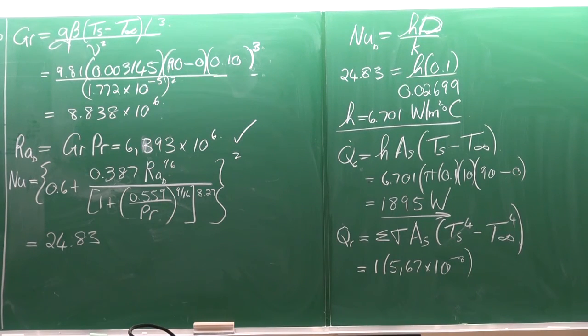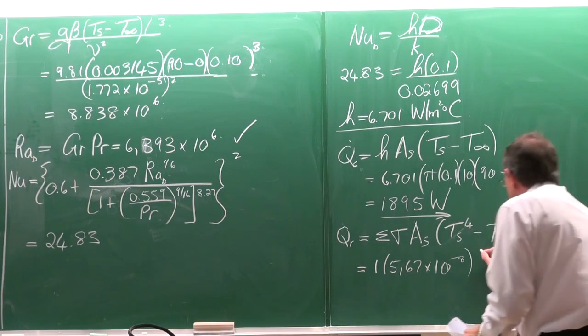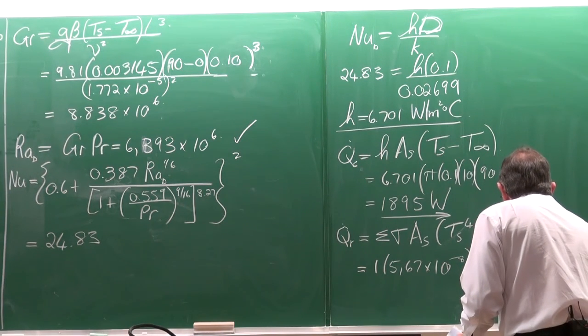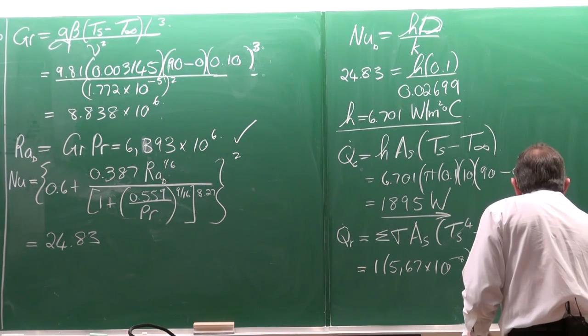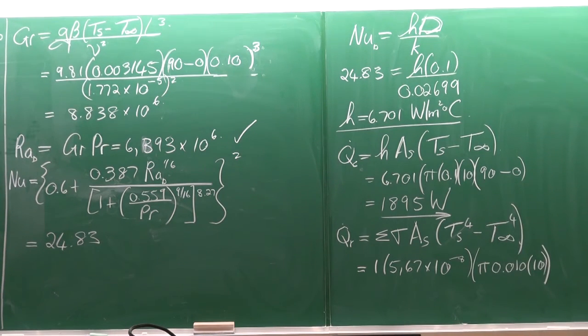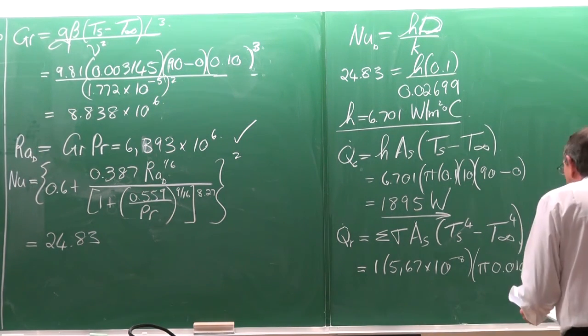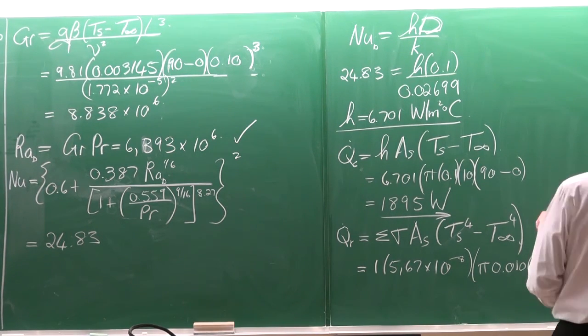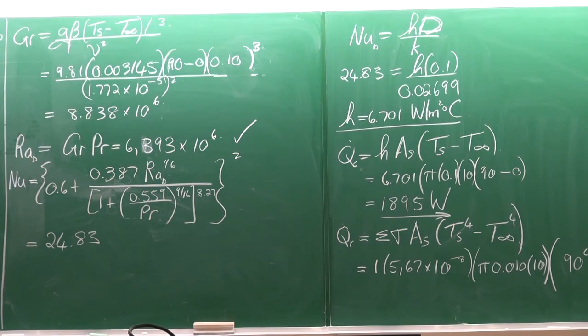Right? The surface area is the same as previously. It is equal to pi multiplied by the diameter multiplied by the length, which is 10. So pi multiplied by the diameter is the perimeter. The perimeter multiplied by the length gives us the surface area. Multiplied by 90 to the fourth minus 0 to the fourth. Good. Why not?